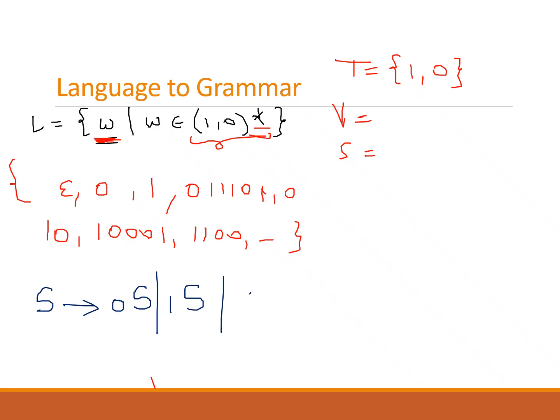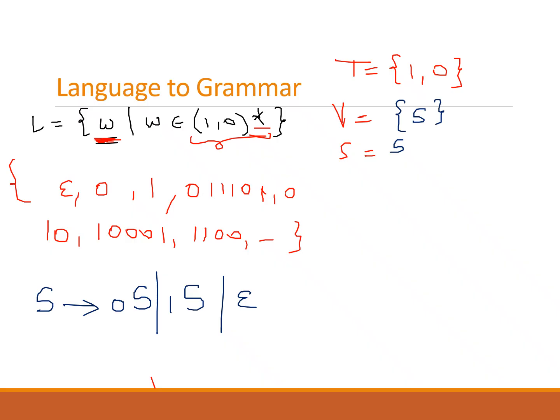And then the minimum accepted is epsilon, which can accept a null string. So the set of non-terminals is S, starting state is S. So this was a normal W language.